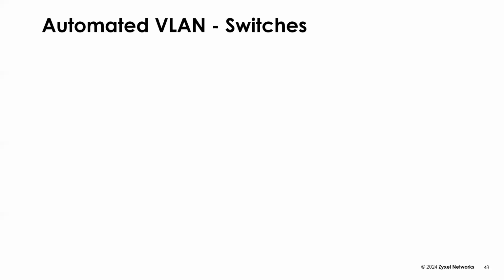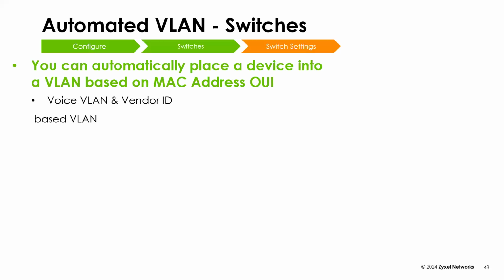So another cool feature we have in Nebula that tends to get overlooked is the ability to do an automatic VLAN on our switches. We've got two different ways we can do this, and this can be found under Configure, Switches, Switch Settings. Basically, the first 6 digits in a MAC address are supposed to be a manufacturer identifier.